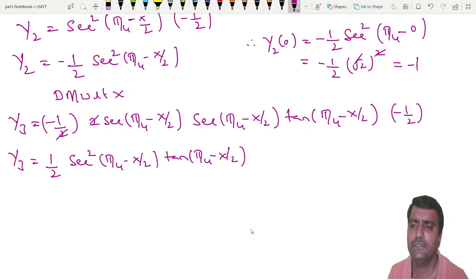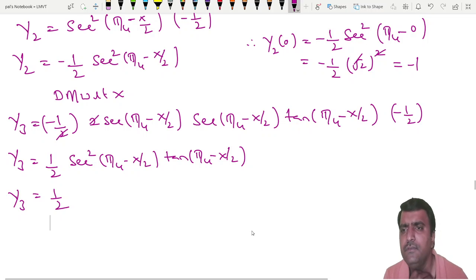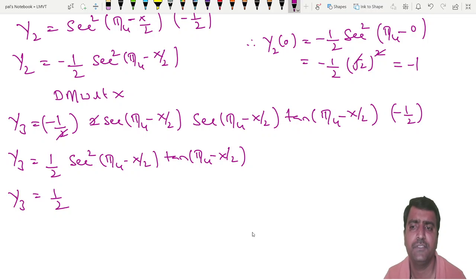Okay, so simplifying y3, y3 is equal to half into secant square pi by 4 minus x by 2, which can be written as minus y2.